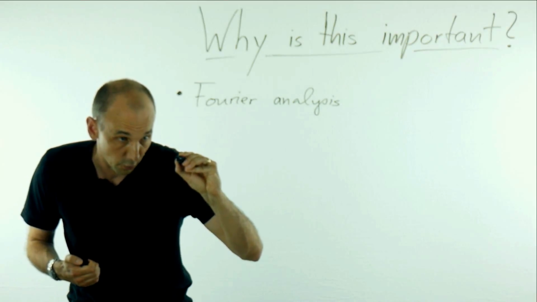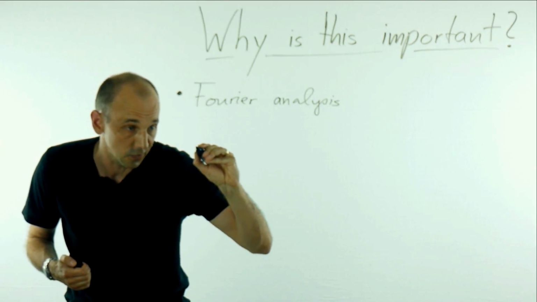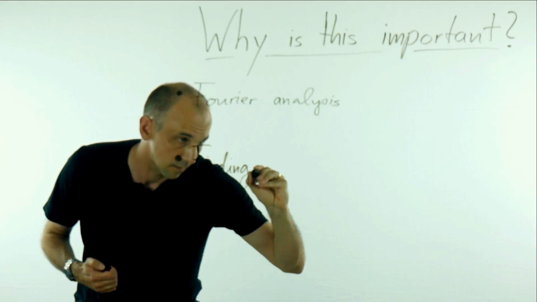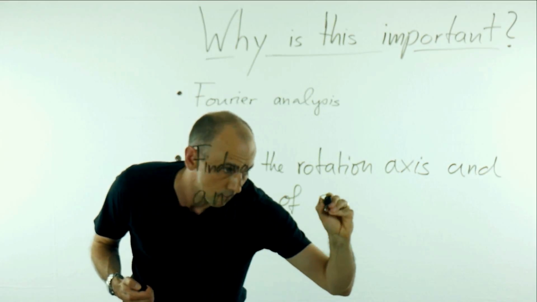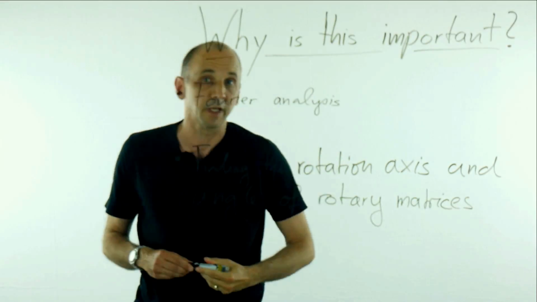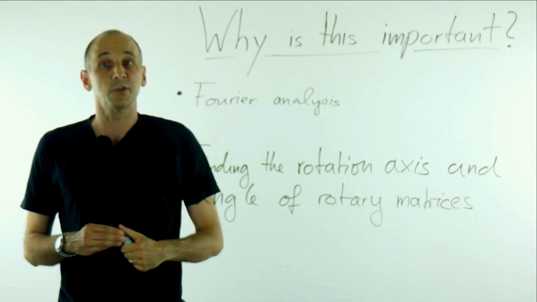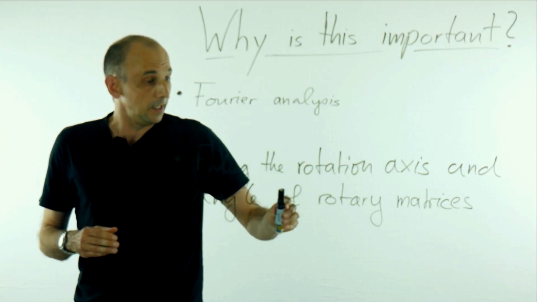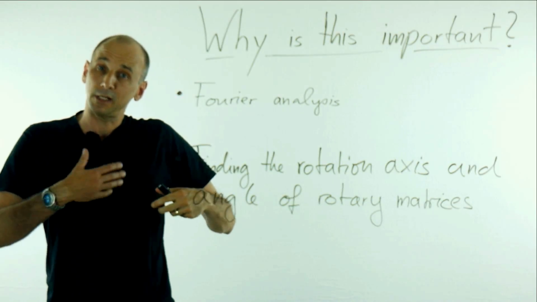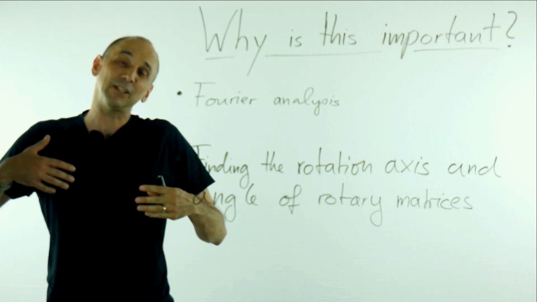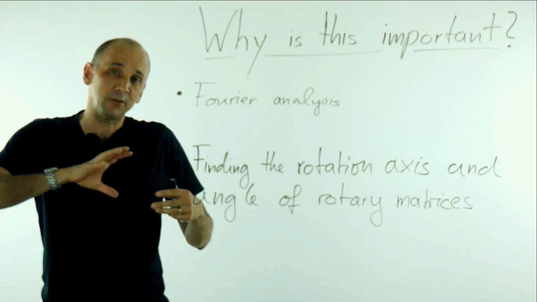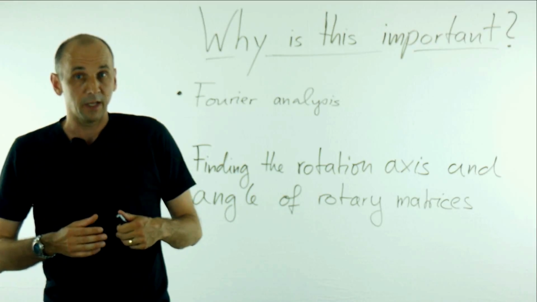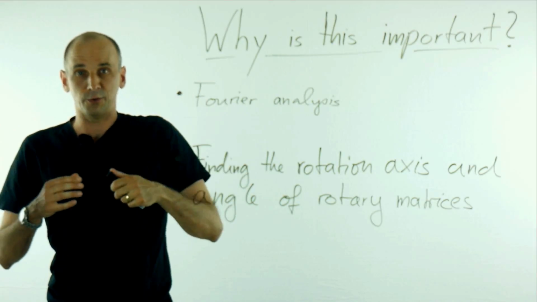Another very important point is rotations. If you have a rotary matrix and you multiply it with another rotary matrix and you multiply it with another rotary matrix, which means you are doing 3 rotations one after the other, you get one single rotary matrix.